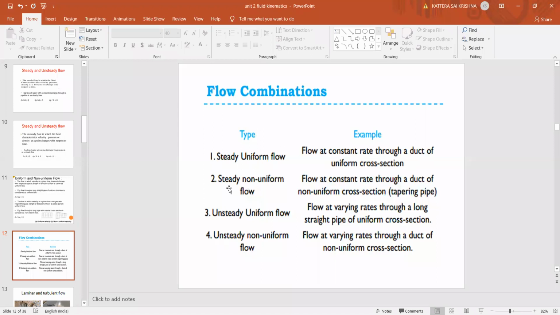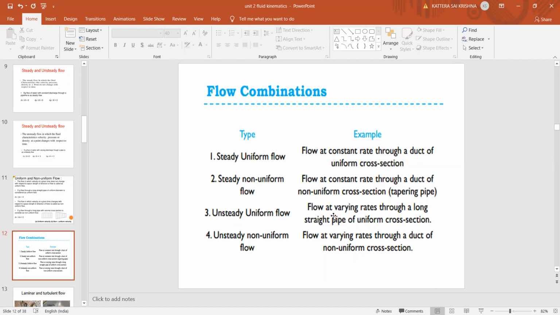Next is steady non-uniform flow. Steady means pressure, velocity, acceleration don't change with respect to time, and non-uniform means dou v by dou s is not equal to 0. So those two combinations give this type of flow. Similarly, unsteady uniform flow and unsteady non-uniform flow.